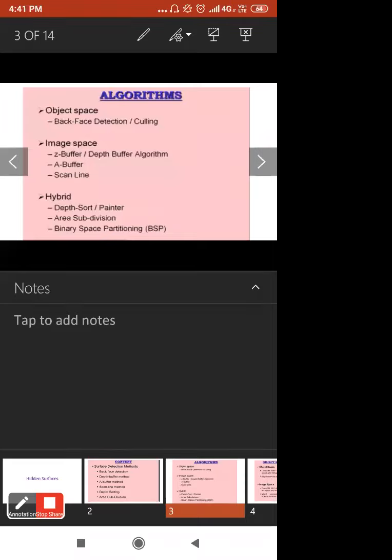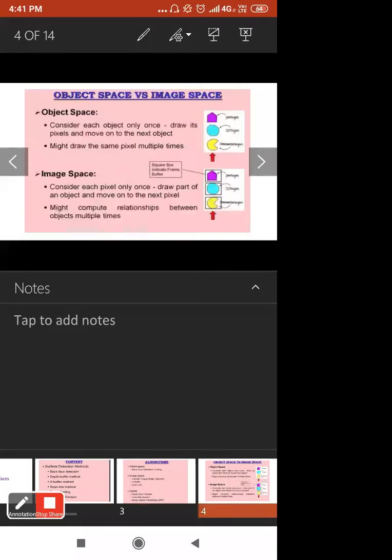In that case you have backface detection algorithms like the Z buffer, which we are going to see thoroughly in this lecture.